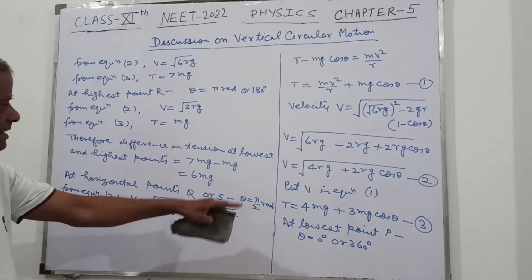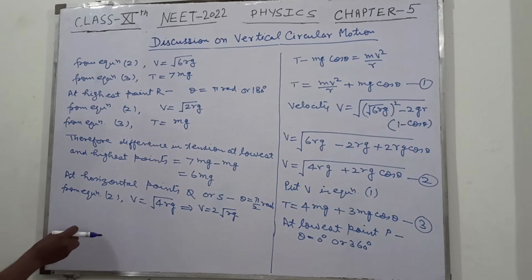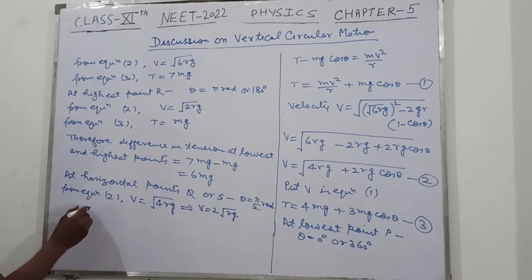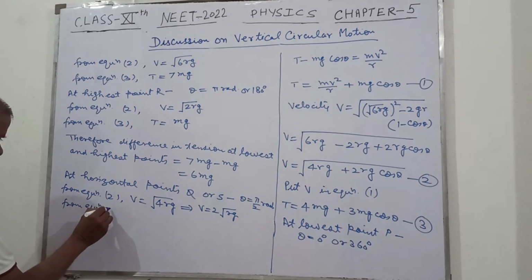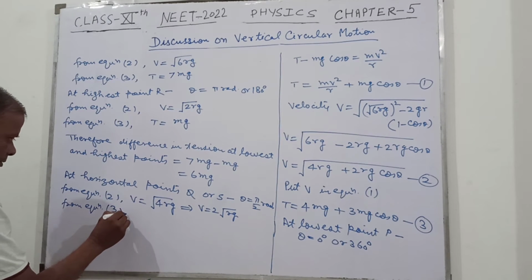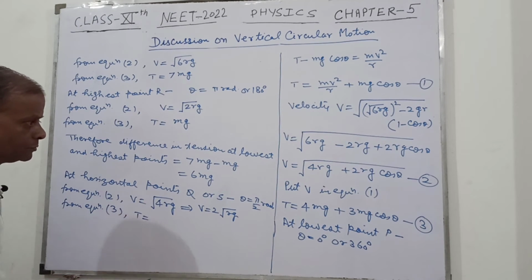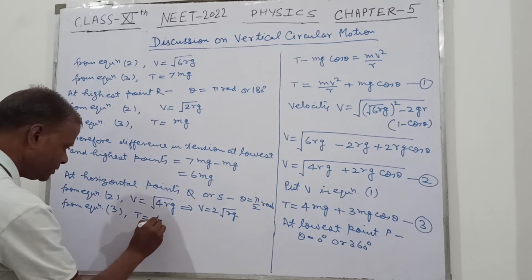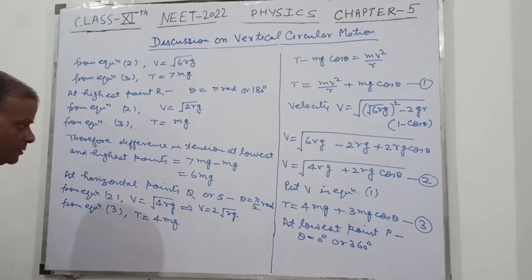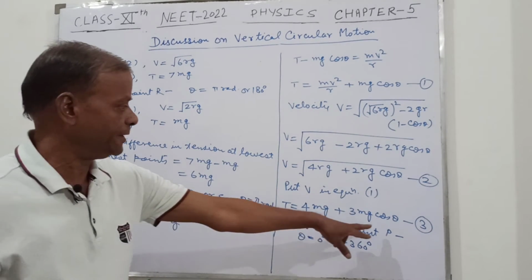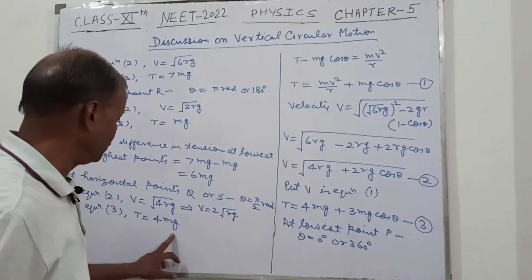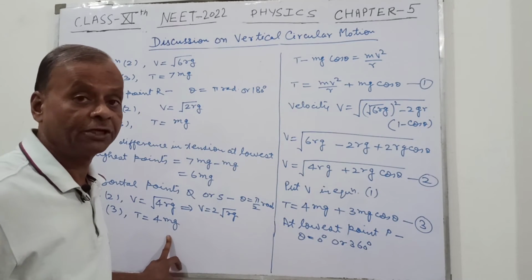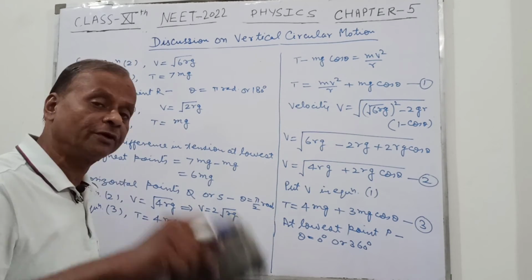And there the tension, from equation 3, T is equal to only this 4 mg. Cos pi by 2 is equal to 0, so we are having only the 4 mg. There was 3 mg, now this is 4 mg.